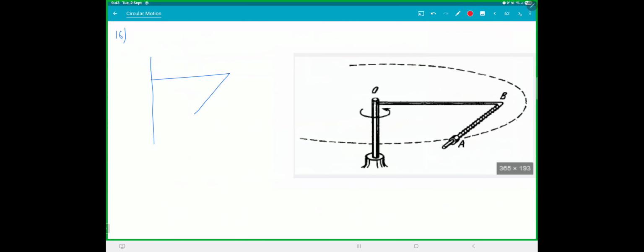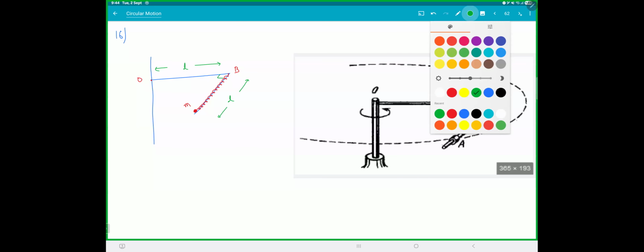So this was O, this was B, and here you have a spring connected. And this is mass M. This was length L, this was length L, and this was 90 degrees. So you can see the picture there.